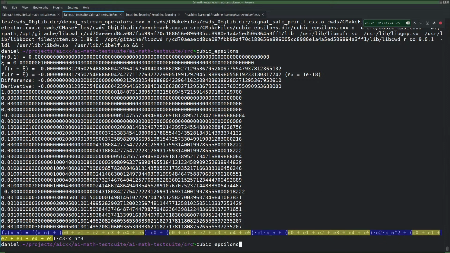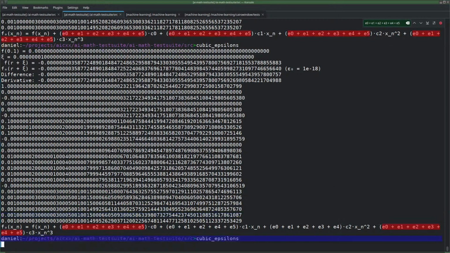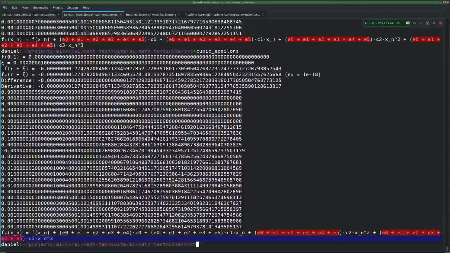How the hell can this vary? What does vary? See, now the E3 dropped out. Here the E5 drops out. Now they're all back.